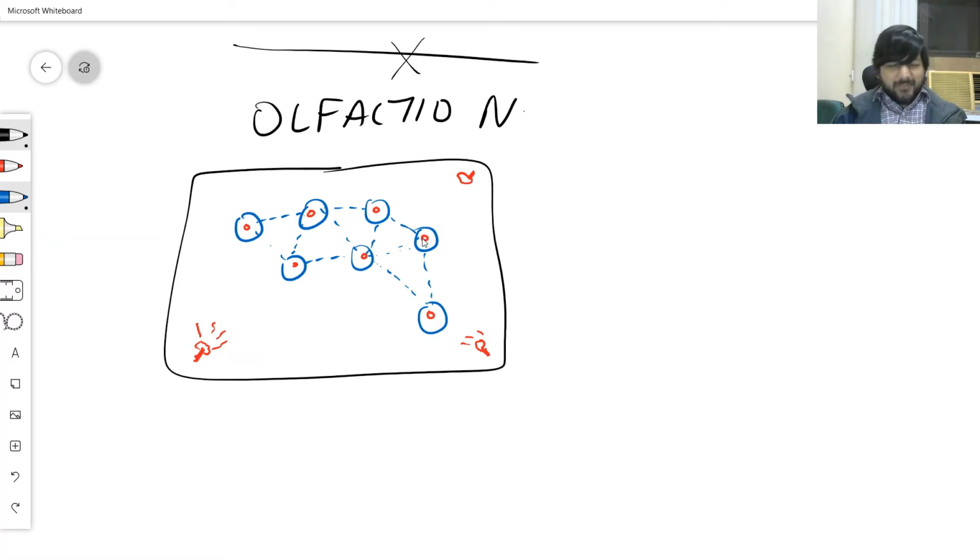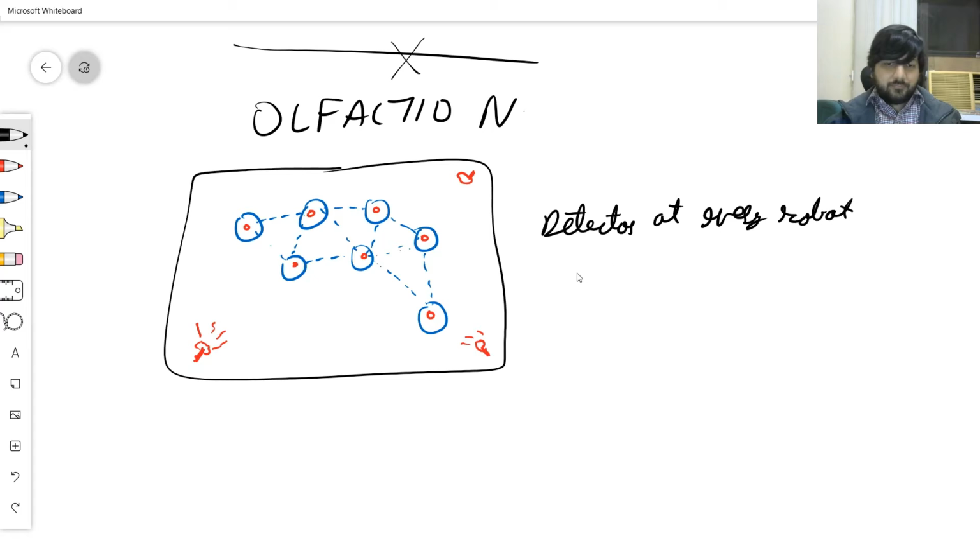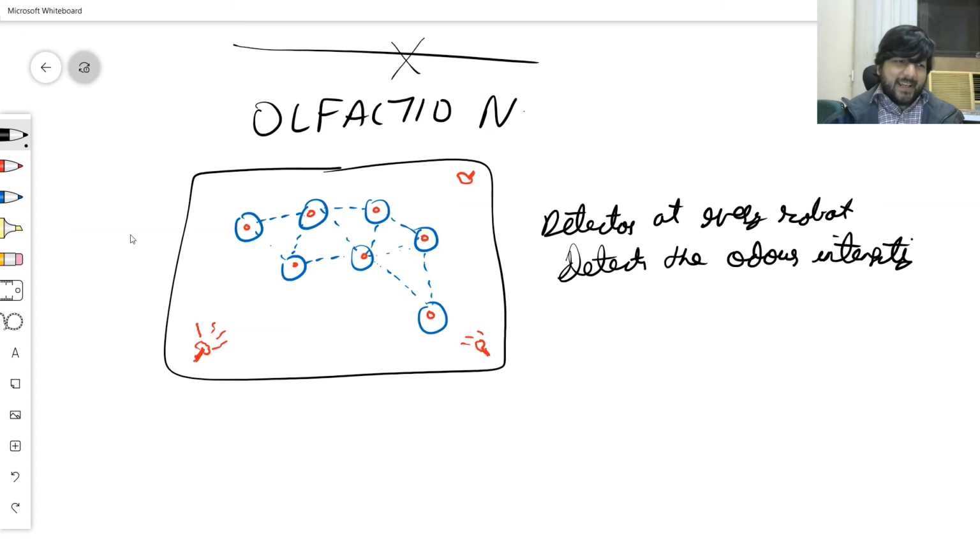So what we will do over here is that every robot receives how much is the odor reading. So the detector at every robot detects the odor intensity. And that's the information that I have.